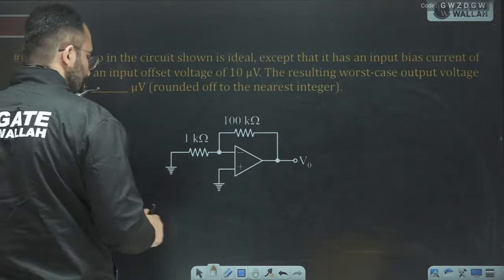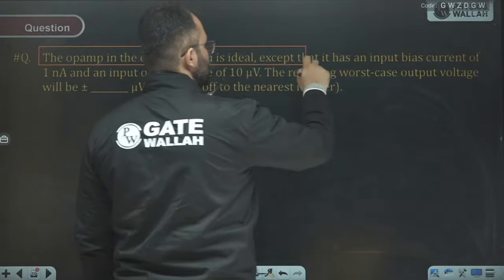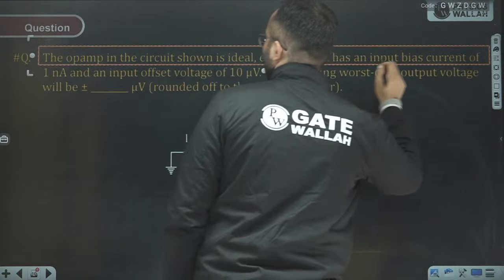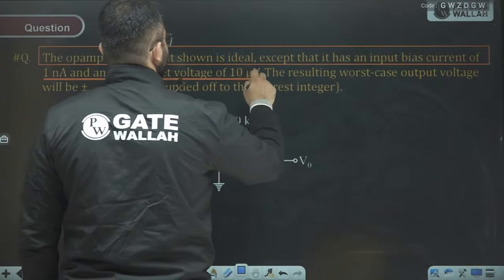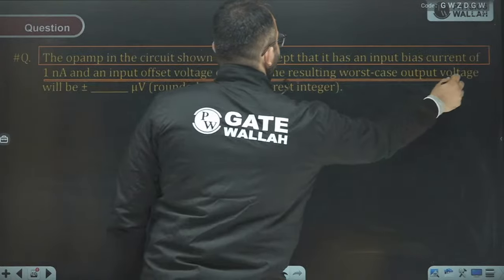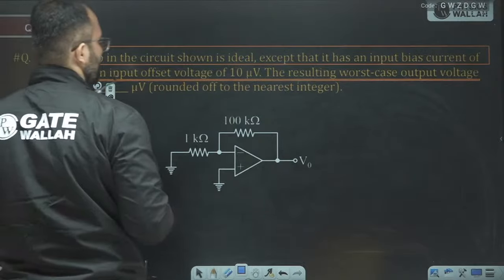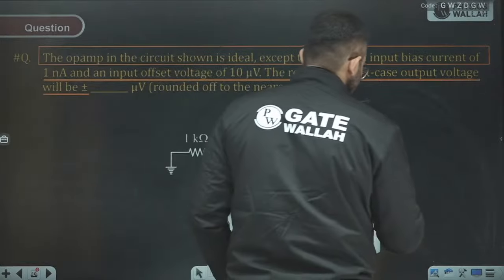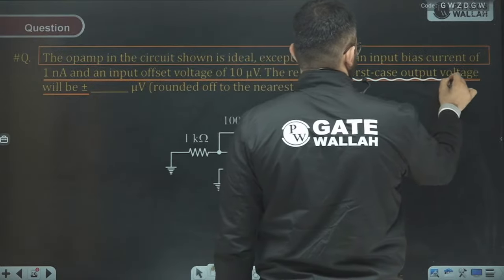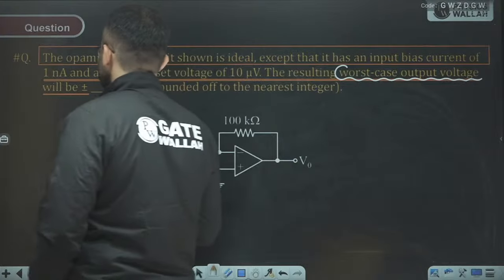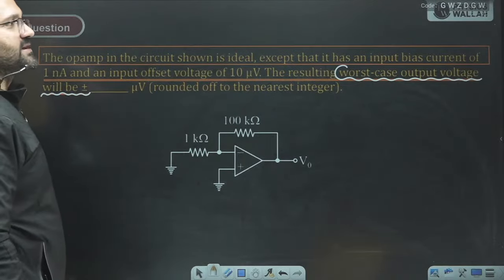Okay, now let's solve this. The op amp in the circuit shown is ideal, except that it has an input bias current of 1 nanoampere and input offset voltage of 10 microvolt. What will be the worst case output voltage?